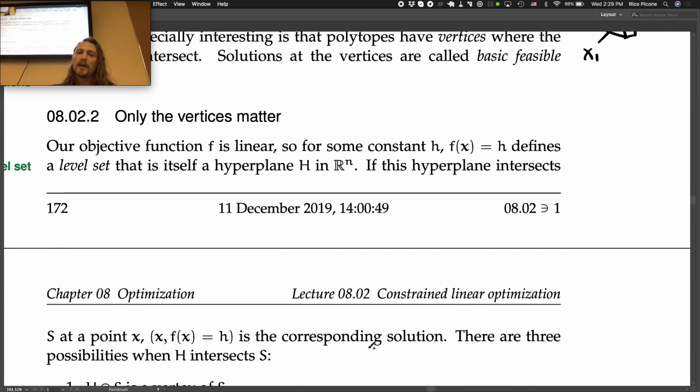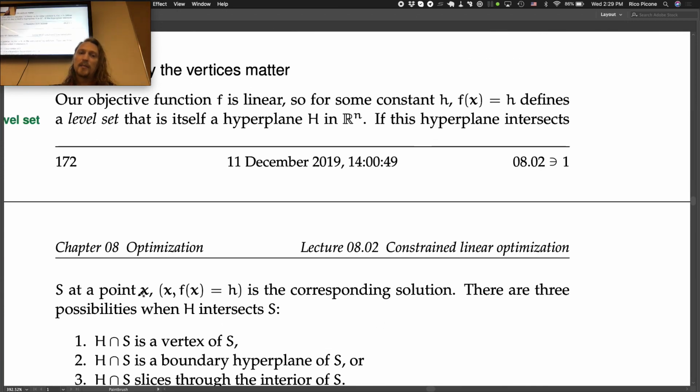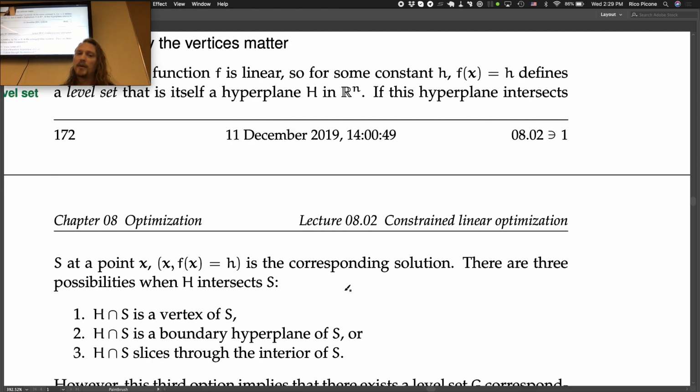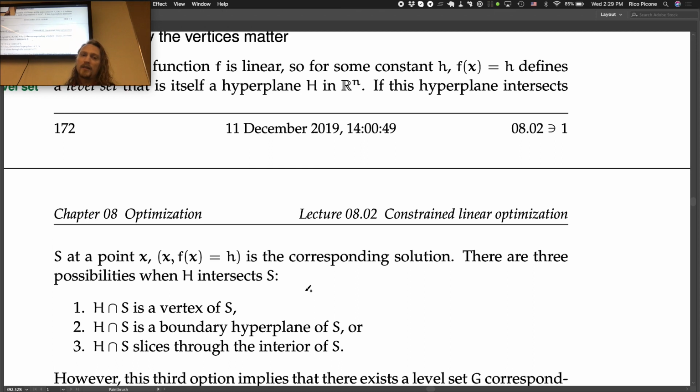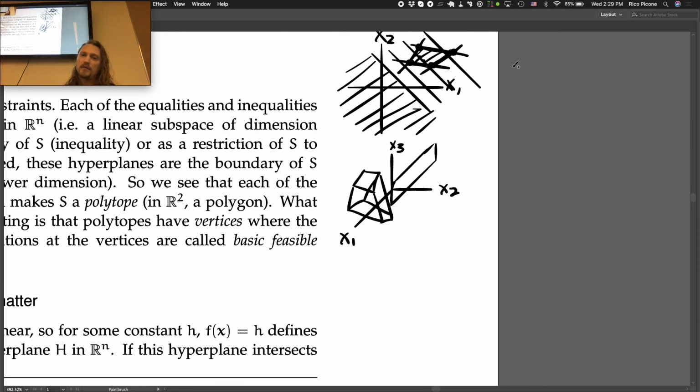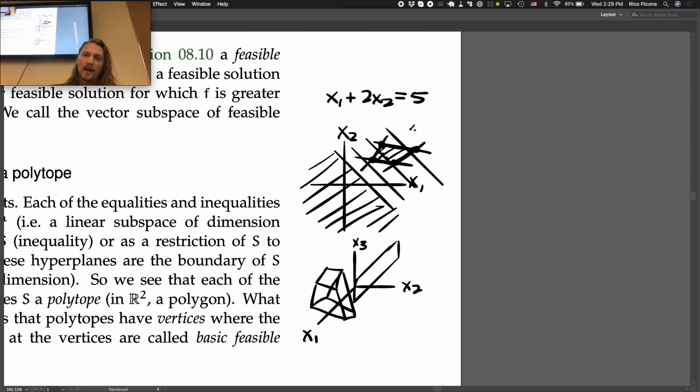If this hyperplane intersects S at a point x, such that we have a solution x, f of x equals h is the corresponding solution. There are three possibilities when h intersects S. Remember, h is the hyperplane corresponding to a specific value of our objective function f. Some of these are not going to intersect at all.